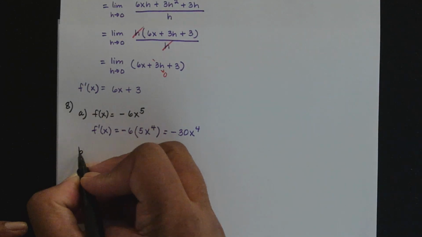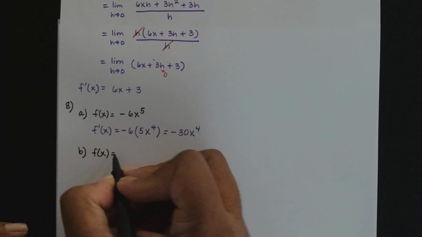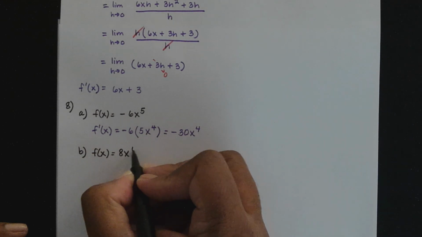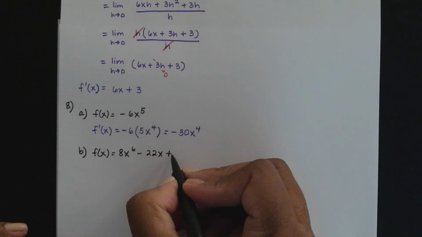Okay, part B is f of x is equal to 8x to the 6 minus 22x plus e to the 3rd.